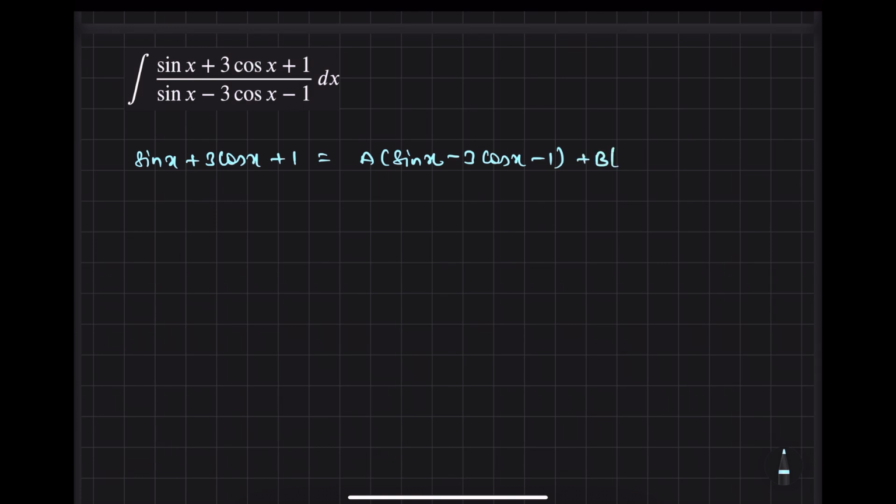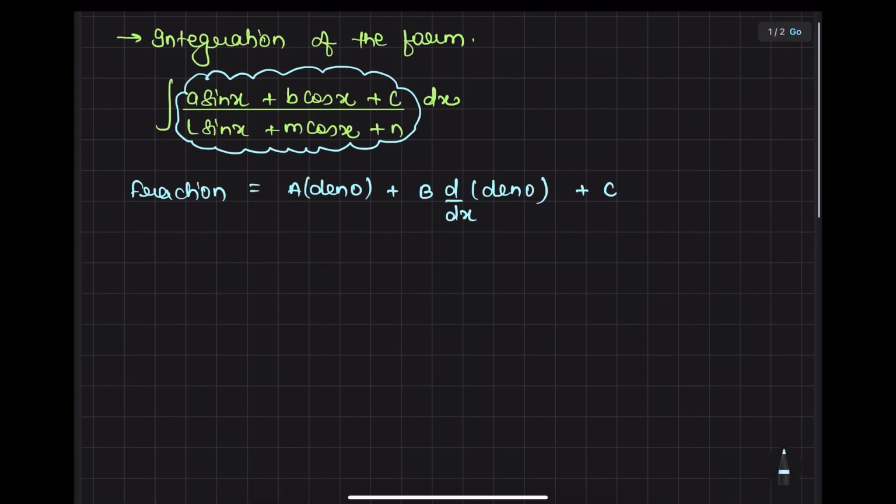The differentiation of sin x is cos x, and of cos x is minus sin x, so cos x plus 3 sin x, and then plus constant c. Just remove the fraction and think about the numerator.